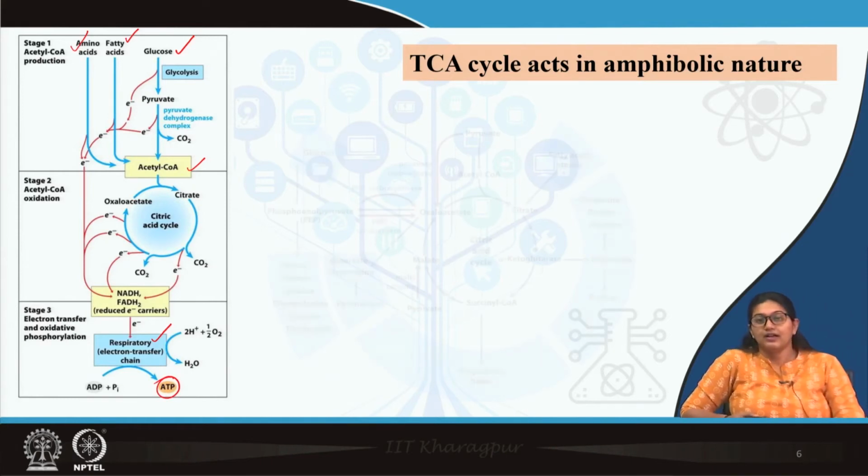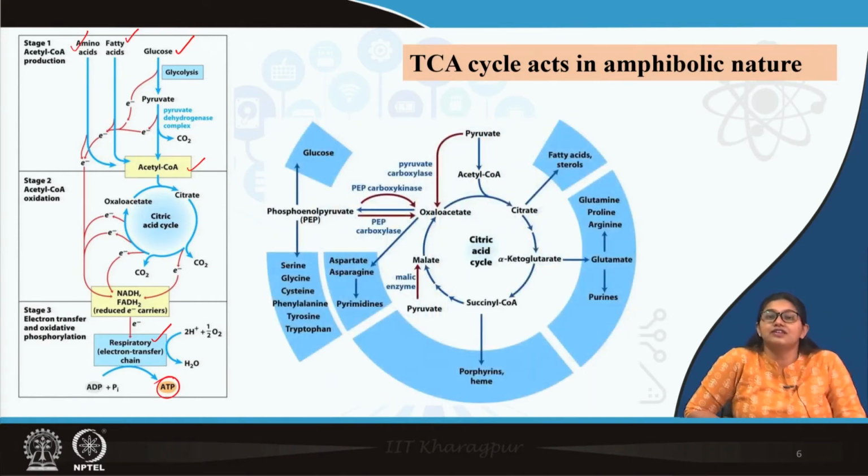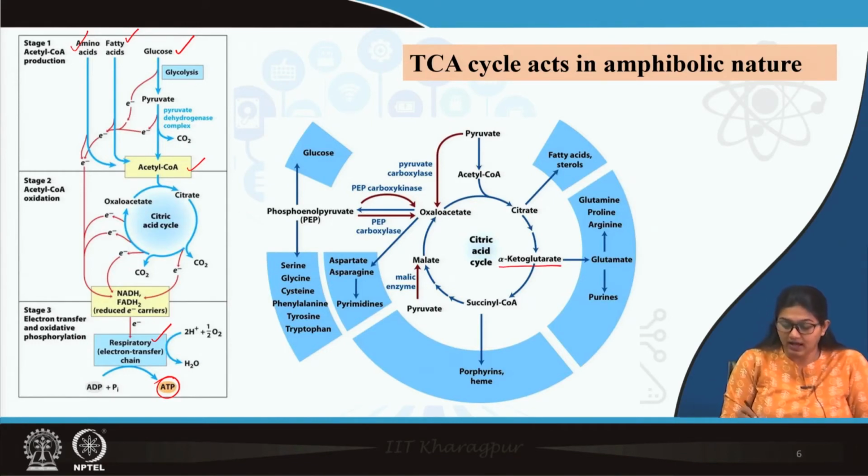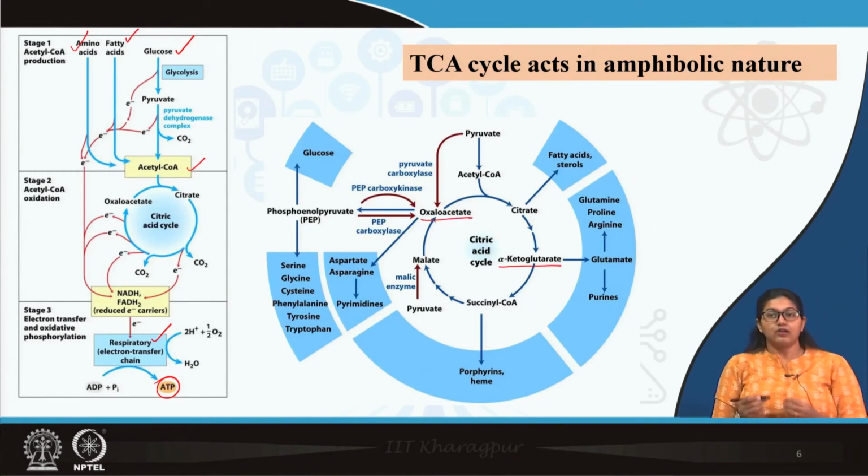Now, the interesting thing is the TCA cycle also acts as an anabolic pathway. It forms different precursor molecules which are important for other biosynthetic pathways. Like what? Here you can see two most important things: one is alpha ketoglutarate, another is oxaloacetate. I discussed transamination and deamination.